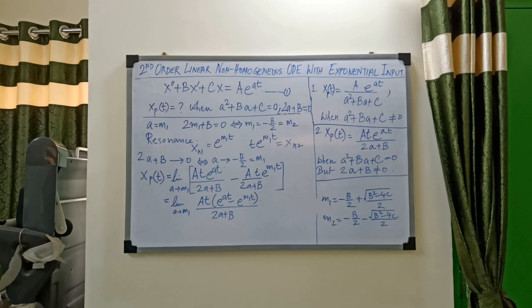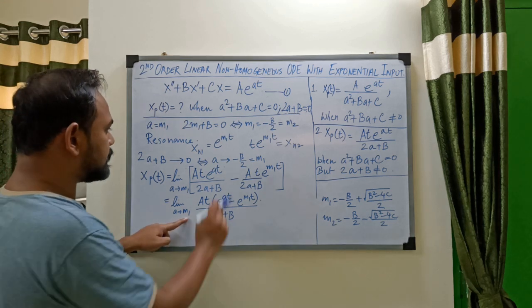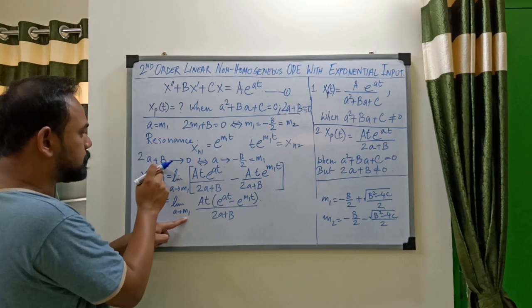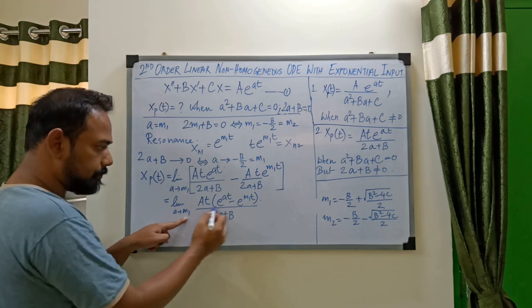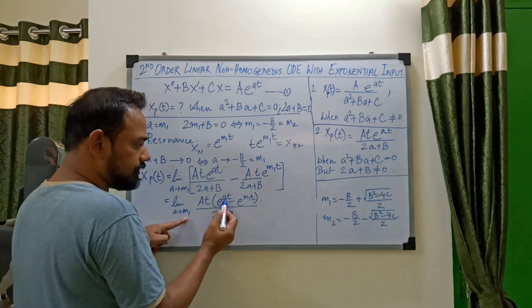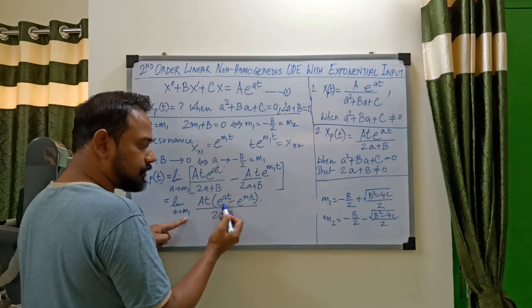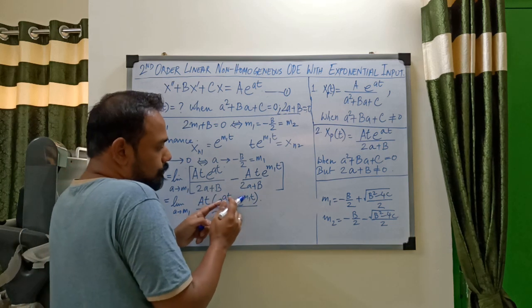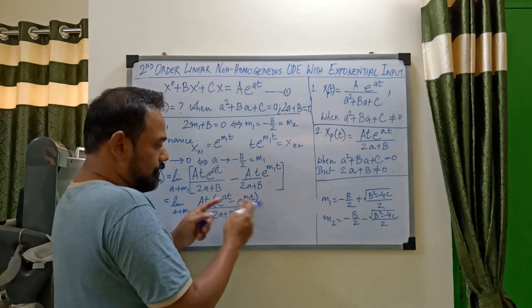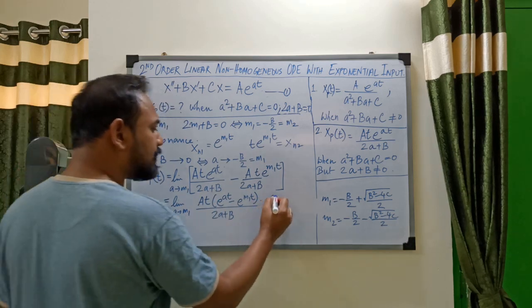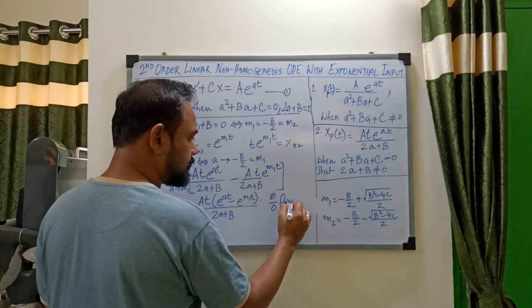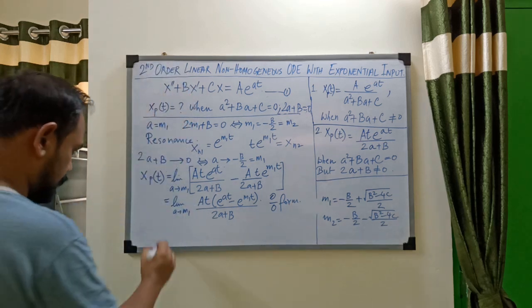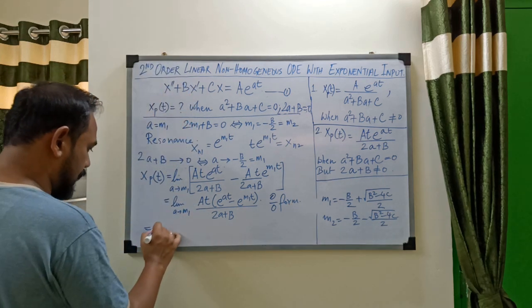Well, as a goes to m1, as I said, 2a plus b goes to 0. So we have a 0 here. And as a goes to m1, this also approaches 0, because you have e to the power almost m1, minus e to the power m1. That's 0. So again, the 0 by 0 form of L'Hopital, and we have to invoke that once more.